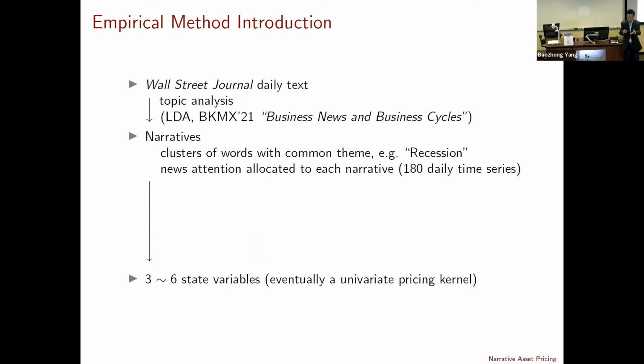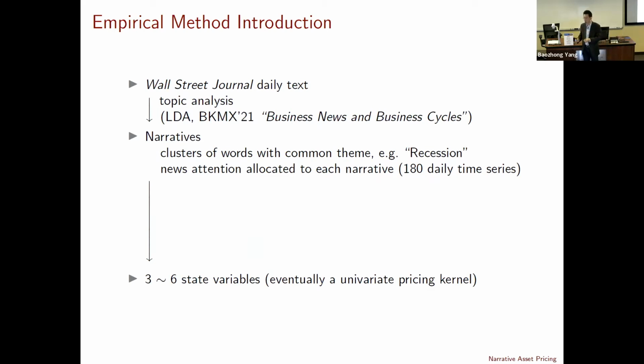This is mostly done in a previous paper by my co-authors, using LDA, latent Dirichlet allocation, to do topic analysis. What it does is look at all these words that are mentioned and find the groups of words that are commonly mentioned in one article.